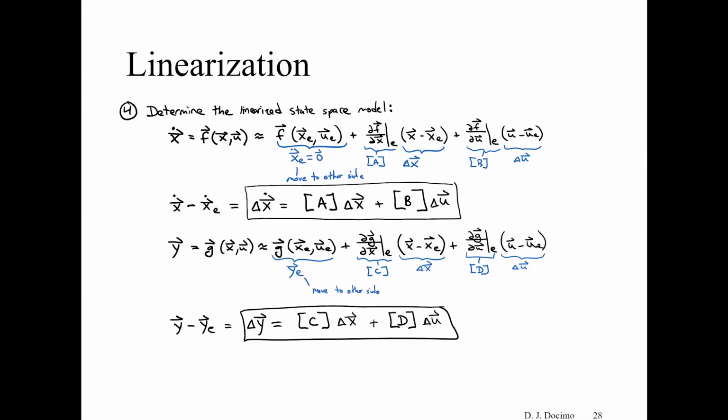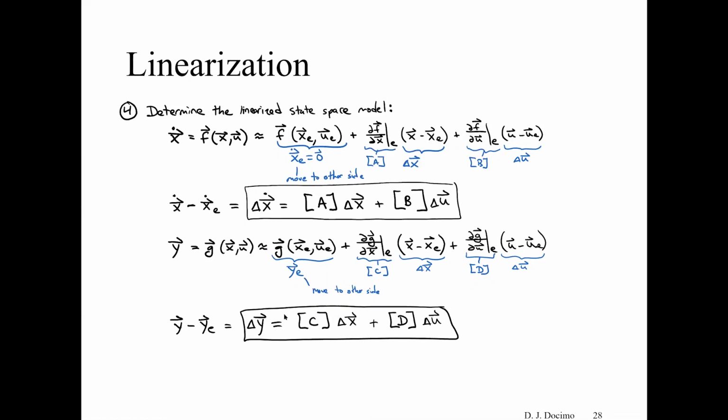We do the same thing for our output equation. Again, we evaluate at equilibrium and move it to the other side, so we get delta y vector. Notice there's no dot because there's no derivative for an output. It's just a static equation. Then we get our C matrix, which is the derivative of our output functions with respect to our states, and our D matrix, which is the derivative of our output functions with respect to our inputs.